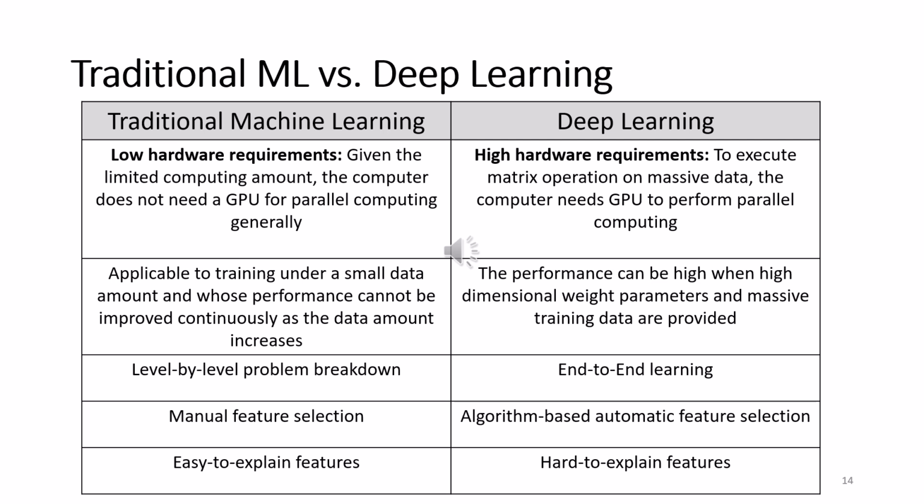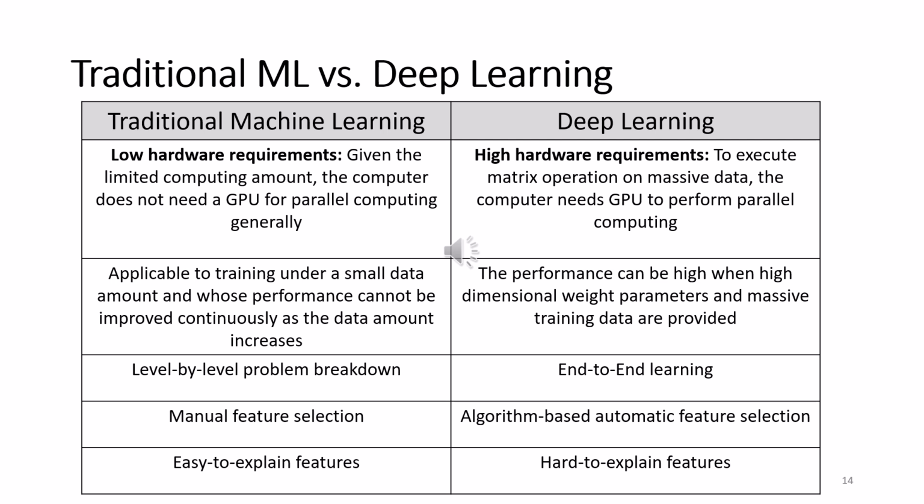Machine learning is applicable to training data of a smaller amount, and its performance cannot be improved continuously as the data amount increases. But for deep learning, the performance can be high when high dimensional weight parameters and massive training data are provided. For machine learning, there is level by level problem breakdown, but deep learning is end-to-end learning.